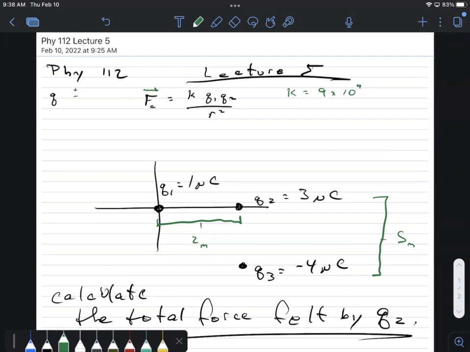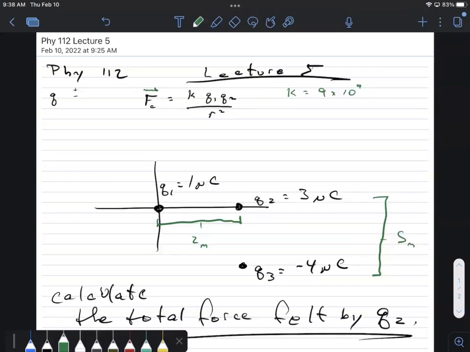So if you want to add up the vectors, you have to do the component pieces. For this pair of charges, charge 1 to charge 2, there'll be an X component and a Y component for the force. Then for the next pair, charge 2 and charge 3, there'll be an X component and a Y component for that force. And then for the next pair, charge 2 and charge 4, and so on.